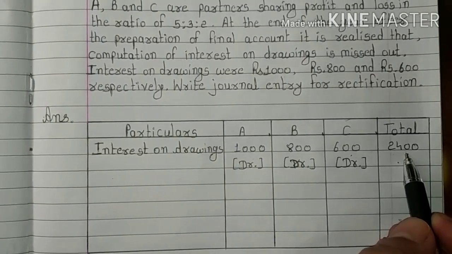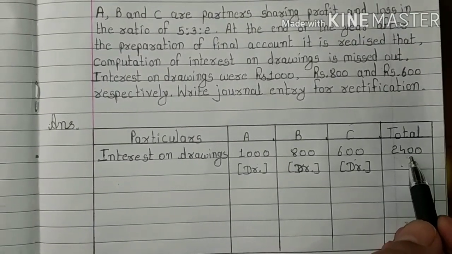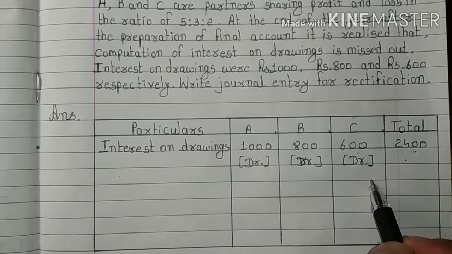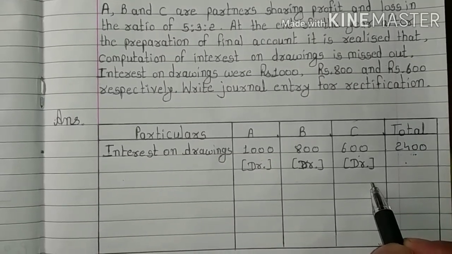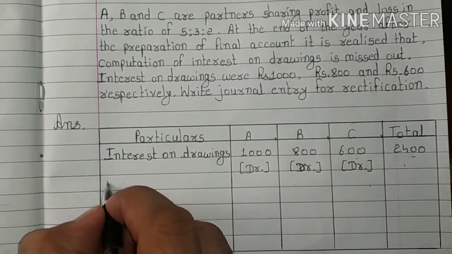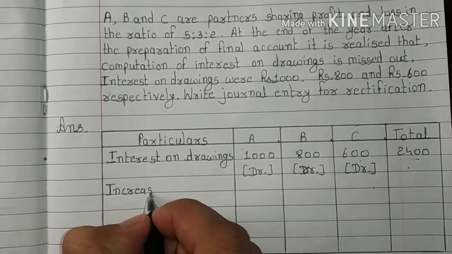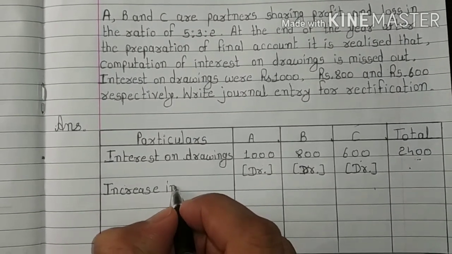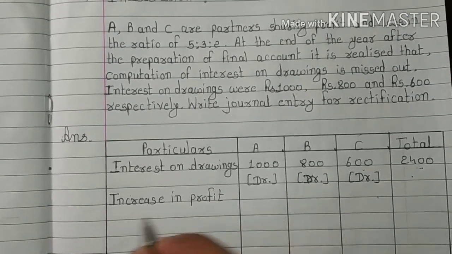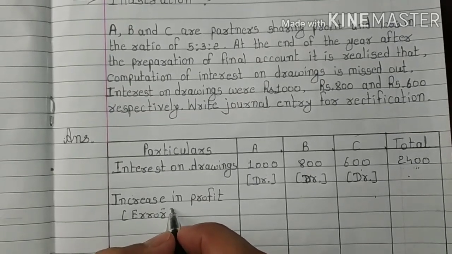So according to profit and loss sharing ratio, we will distribute 2400 among these three partners, and let us see that what is the error here. That means what is the wrong amount here. So we will write here increase in profit because of error.